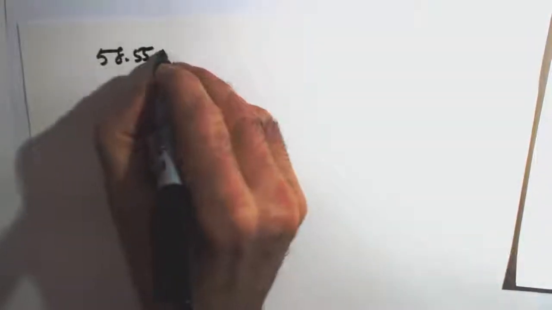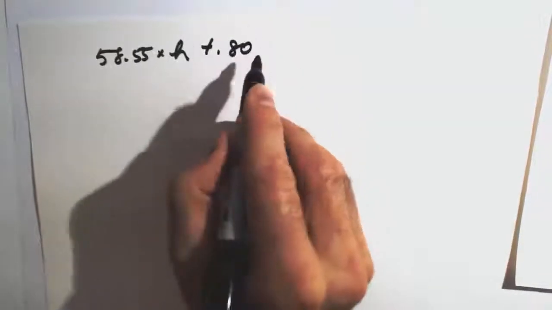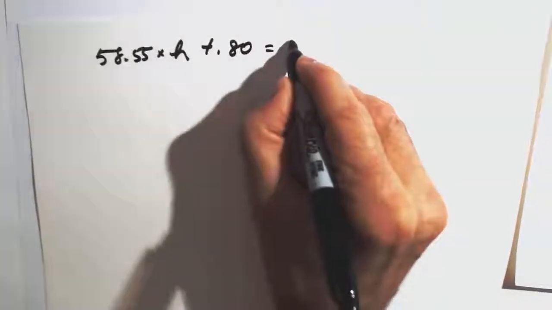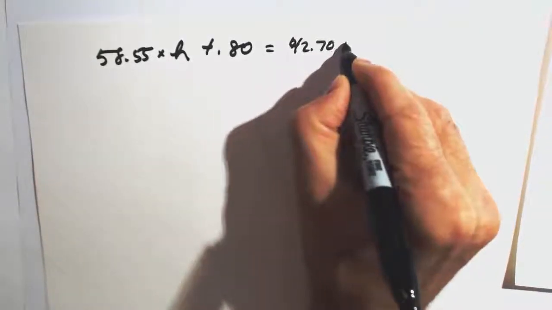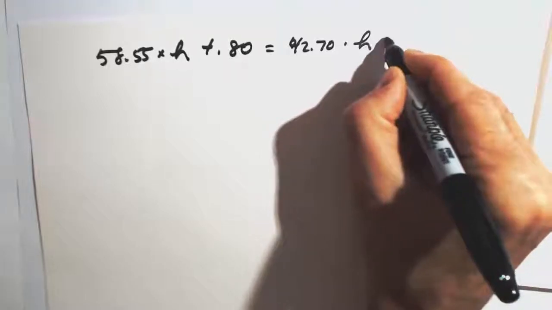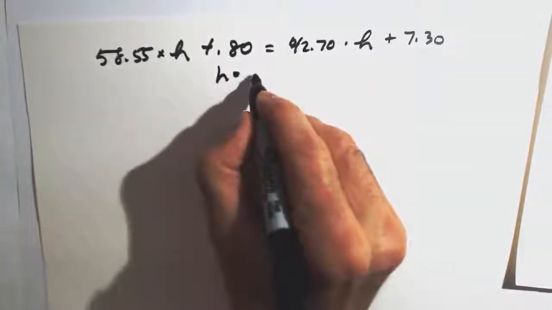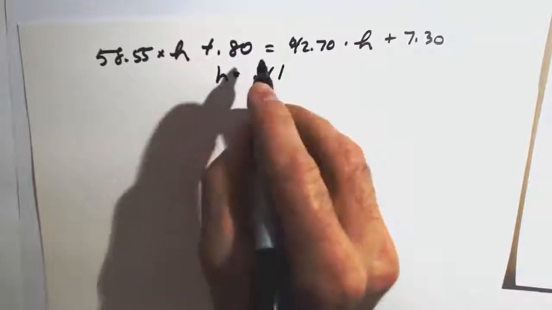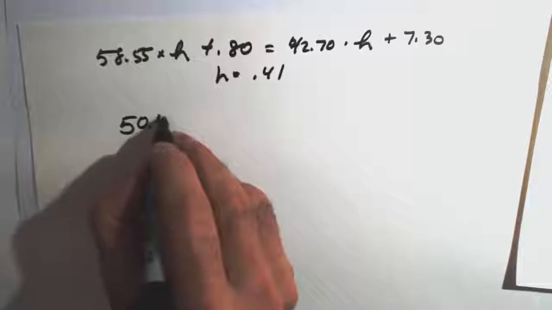So 58.55 times H is what we're going to solve here, plus 80 cents that we calculated a minute ago, equals 42.70 times H, which is what we're solving for, plus 7.30. H equals 0.41. Okay? Now, create that riskless portfolio.